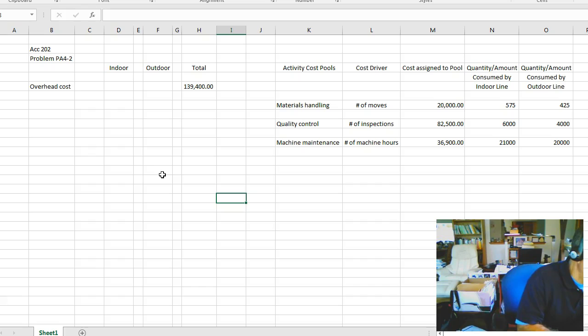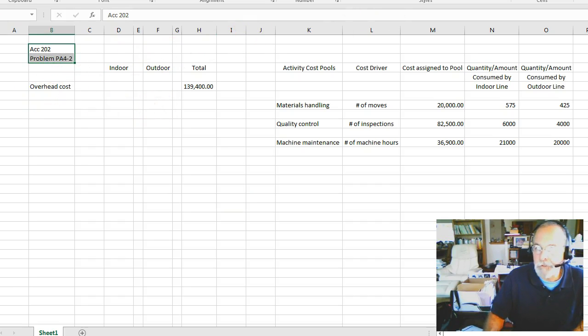Okay, now under required, it says, number one, suppose Carlisle used a traditional costing system with machine hours as the cost driver. So we want to assume that, first of all, to allocate this overhead cost of 139.4 between indoor and outdoor under a more traditional cost allocation method or system, the company might use just a single cost driver.